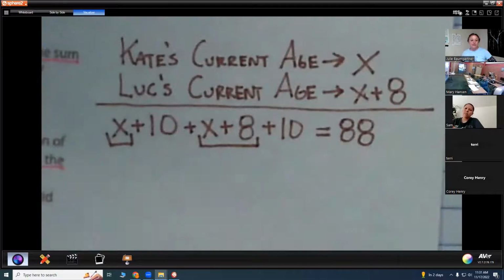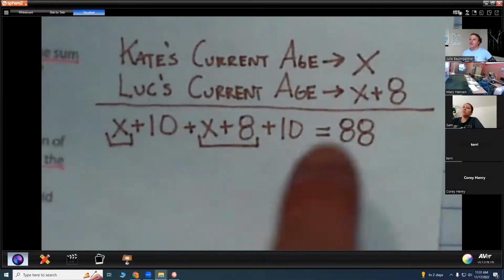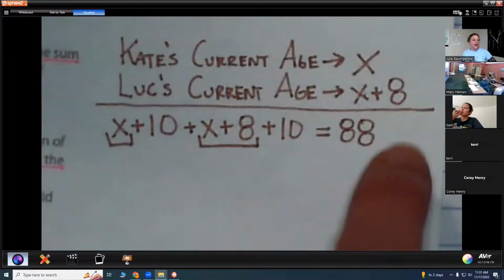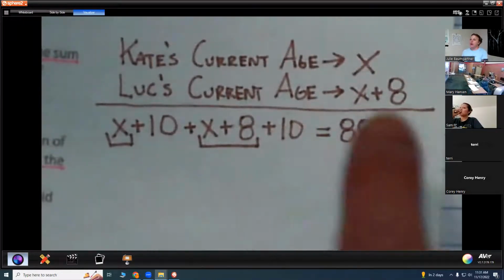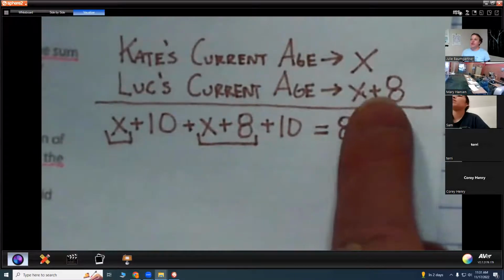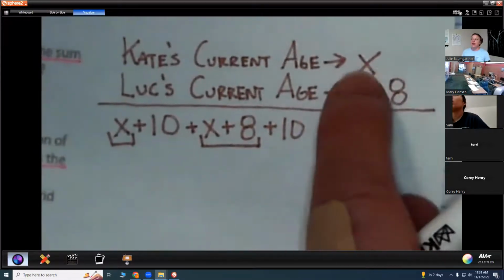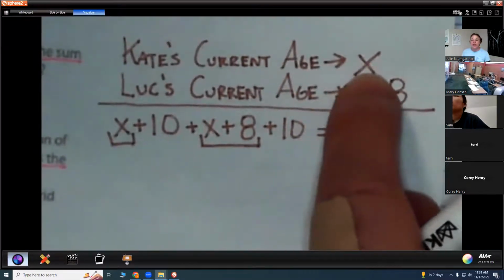And those two ages equal 88. These questions are hard to decode. So now does everyone feel like you could solve this equation for X? But then you have to remember, when we solve for X, that gives us Kate's current age.